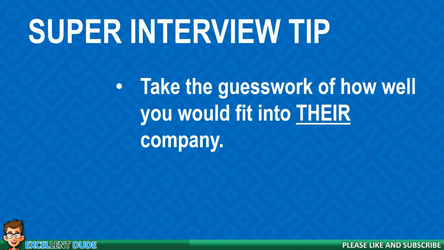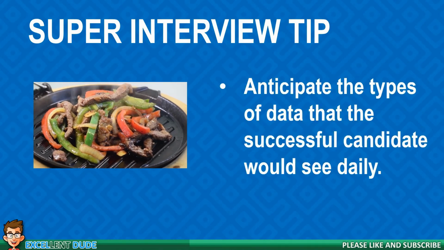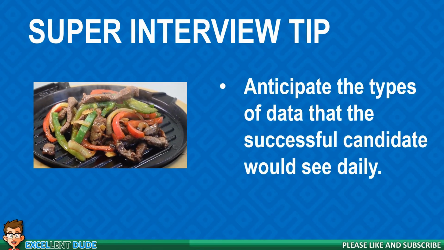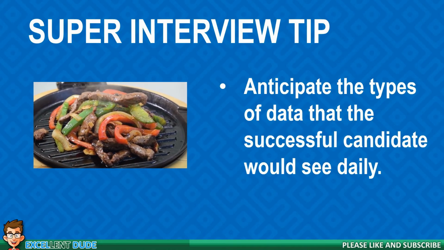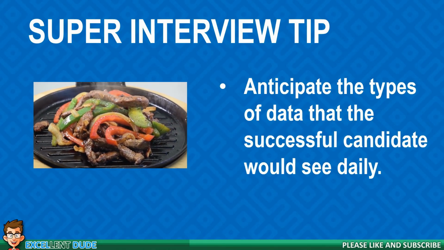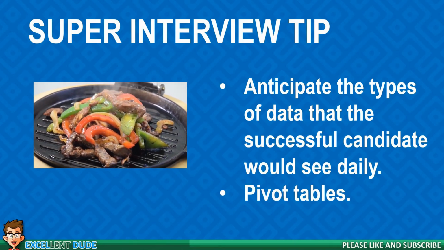For example, if you were applying to be a data analyst for a restaurant chain, your answers should speak to the type of data that you anticipate the successful applicant would see on a daily basis on the job. Let's say you were asked a question about how you would use pivot tables.